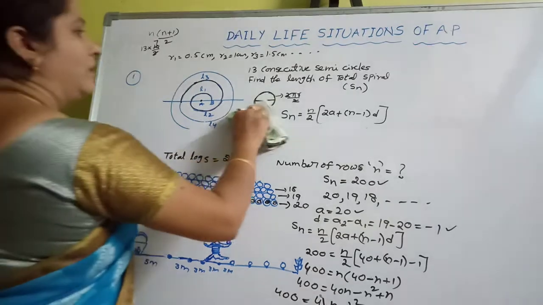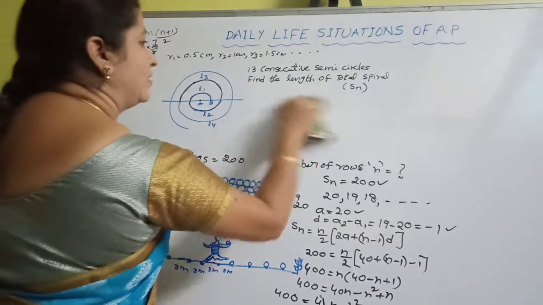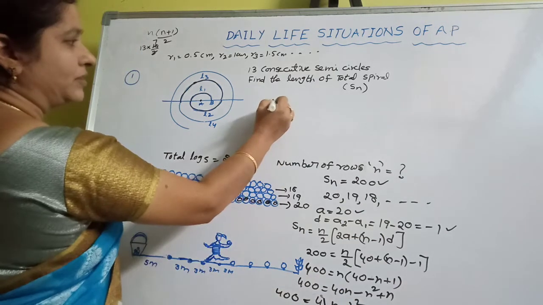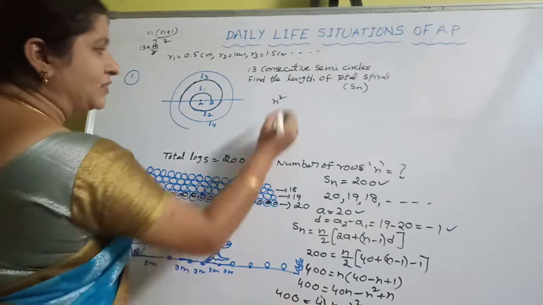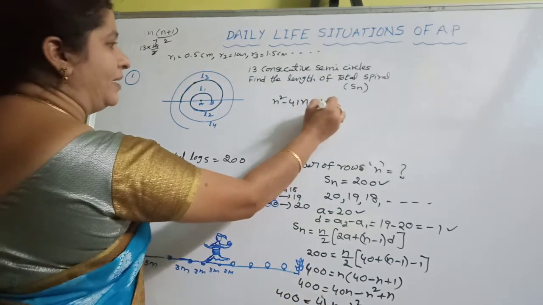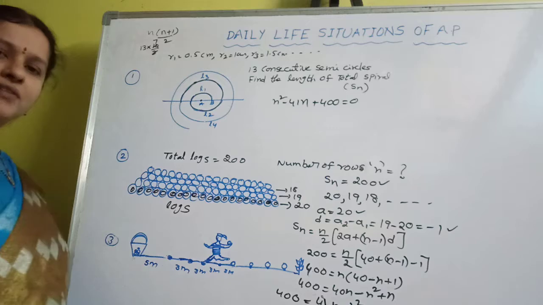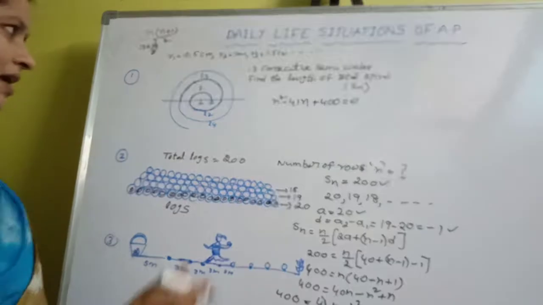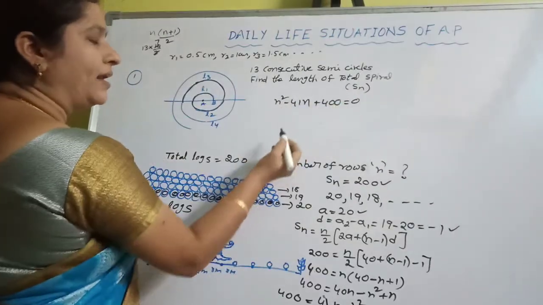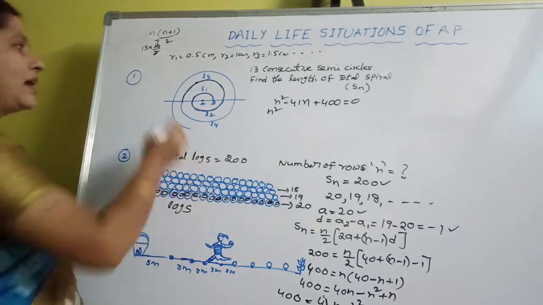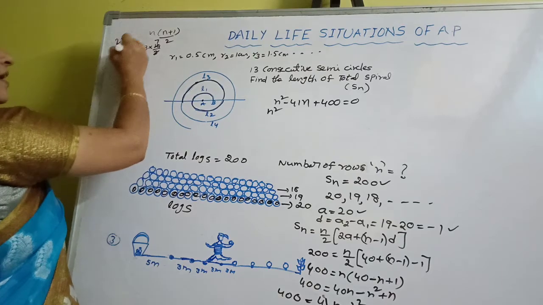Bringing n squared to this side, we get n squared minus 41n plus 400 equals 0. We got a quadratic equation. How can you find the n value from this? Simply factorize the equation. What are the factors of 400 that give 41? 25 sixteens are 400.